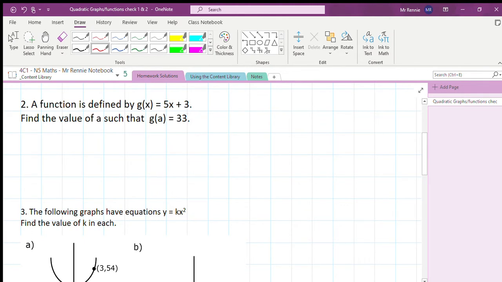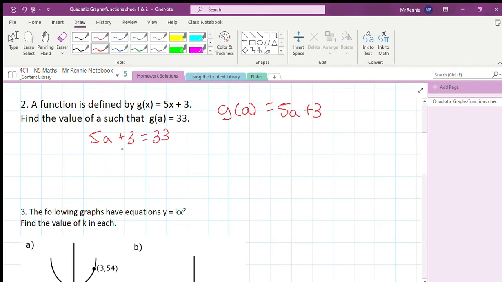First of all, I'm going to want to work out what my function would look like with an a involved. So g of a is going to be 5 lots of a plus 3. I've just swapped an x for an a. I'm then told that whatever a was, it equals 33, so I'm going to start off by saying 5a plus 3 equals 33.